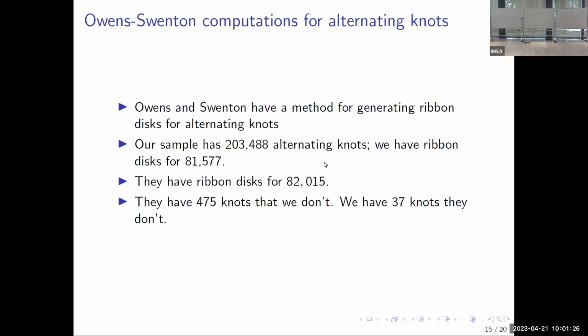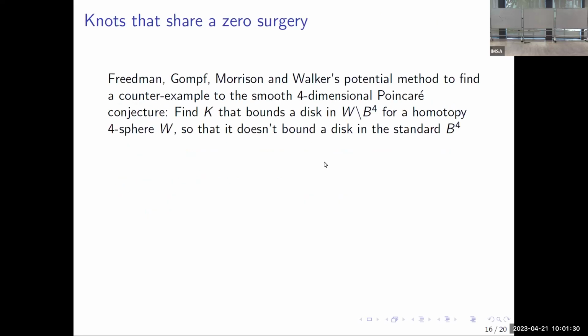Okay, so I think another computation that we did involves an approach by Freedman, Gompf, Morrison, and Walker to try to find a counterexample to the smooth four-dimensional Poincare conjecture.